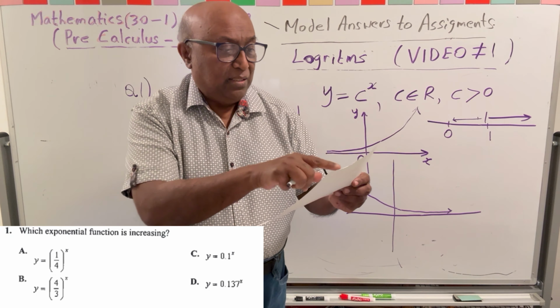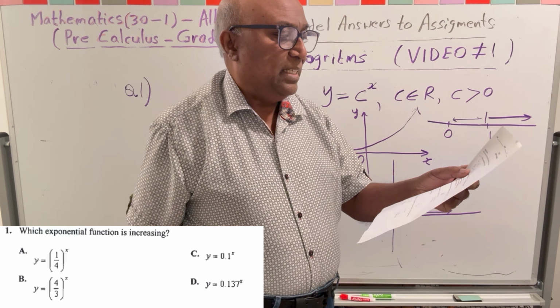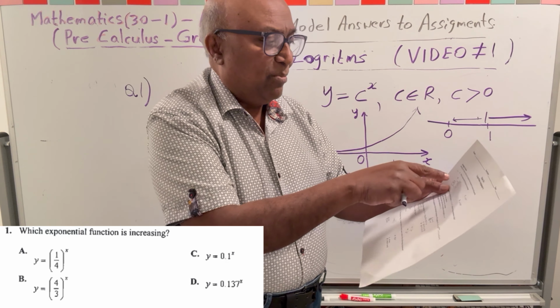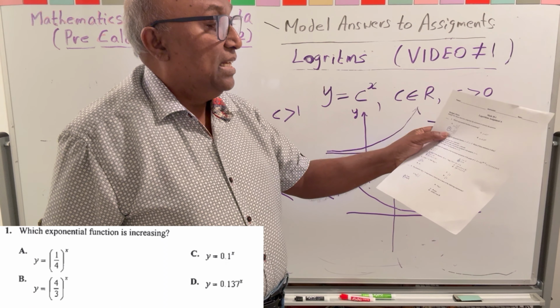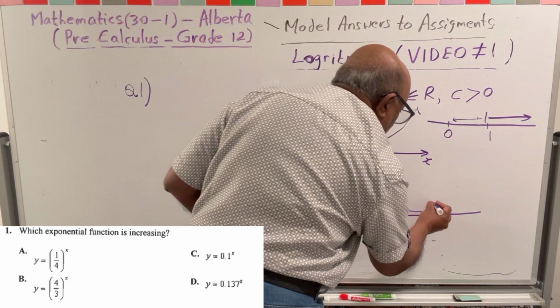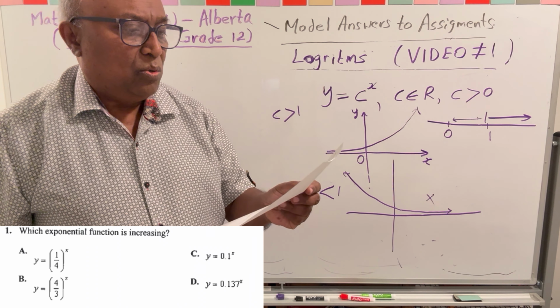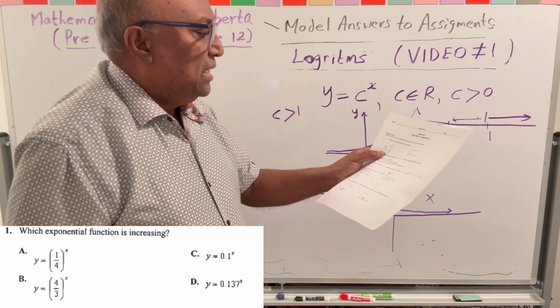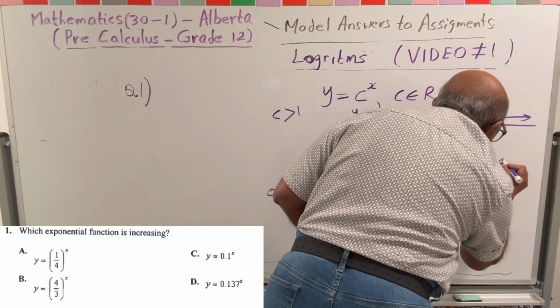Out of these options, which exponential function is increasing? Let's examine the c value one by one. Option number A, the c value is 1/4. That means that belongs to this one. That doesn't work. Option number B, c value is 4/3.